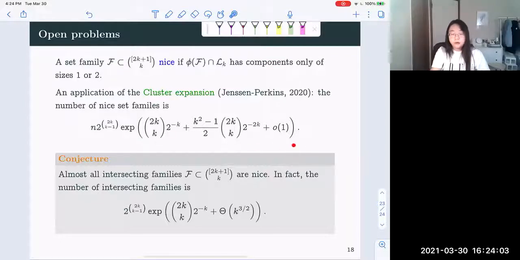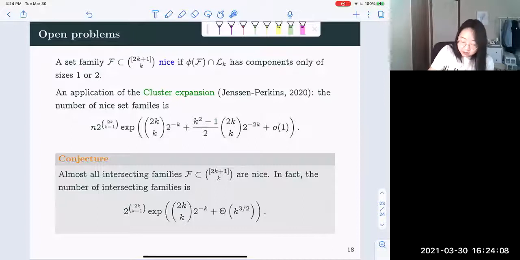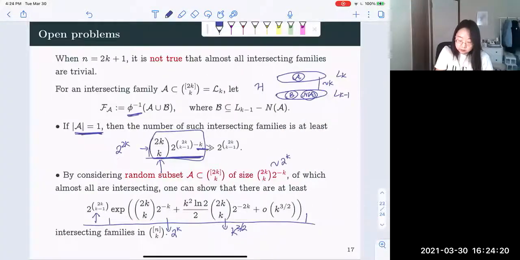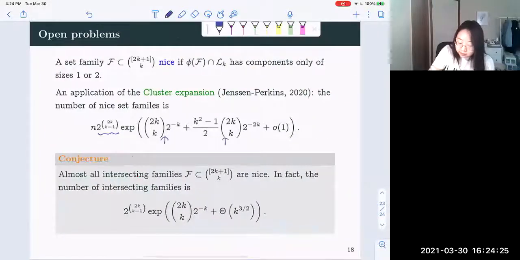So I hope you feel this formula is familiar, because that's actually similar to the lower bound I just got. So again, this is the number of intersecting families. We have those exponent terms. This is exactly the same term if you want to look: 2k choose k times 2 to the negative k. And the second term is also of order k to the 3/2.